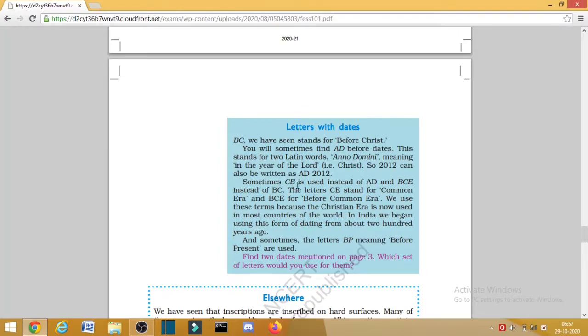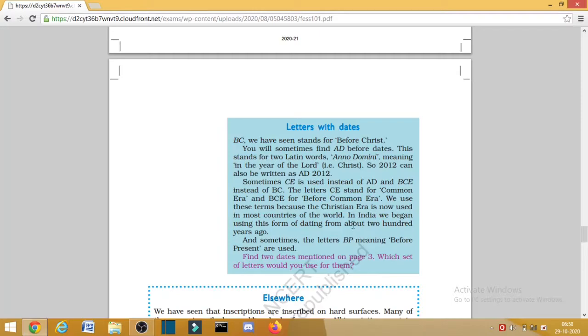Sometimes CE is used instead of AD and BCE instead of BC. The letters CE stand for Common Era and BCE for Before Common Era. We use these terms because the Christian era is now used in most countries of the world.